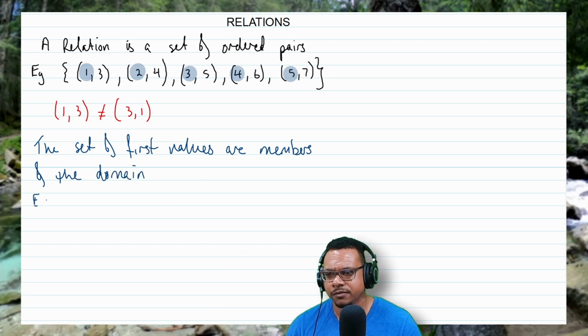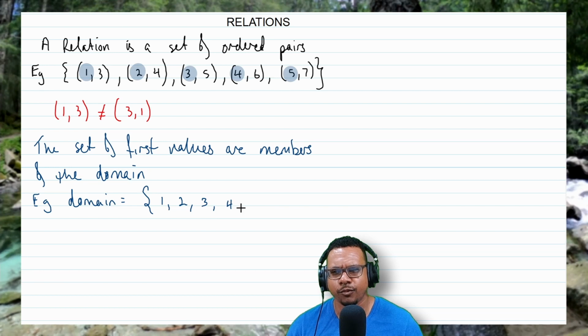All right, example, my domain is equal to, so it's a set, and I'm just taking the set of first values, so that will be the 1, the 2, the 3, the 4, and the 5. Those are the things that I shaded in blue. Those are the numbers that came first in your ordered pairs.